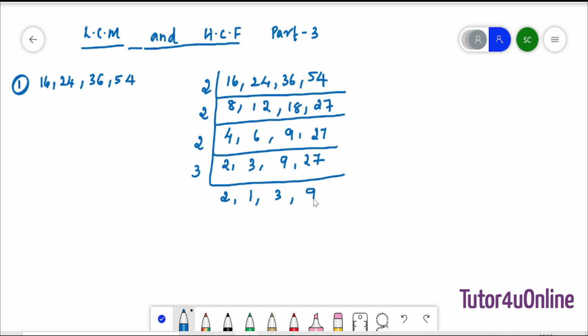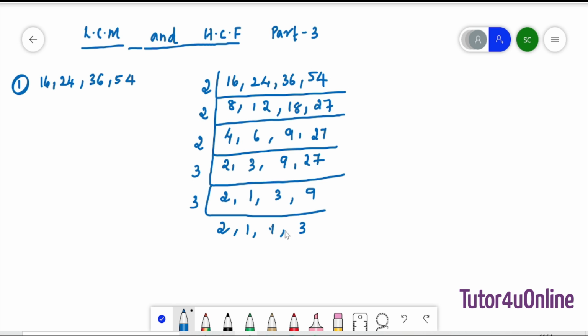Again, we can see that 3 and 9 are multiples of 3, so I'm going to write 3 like this. Then 2 you can write like that, 1 you can write like that, but 3 how many times in 3? 1 time. 3 how many times in 9? 3 times.